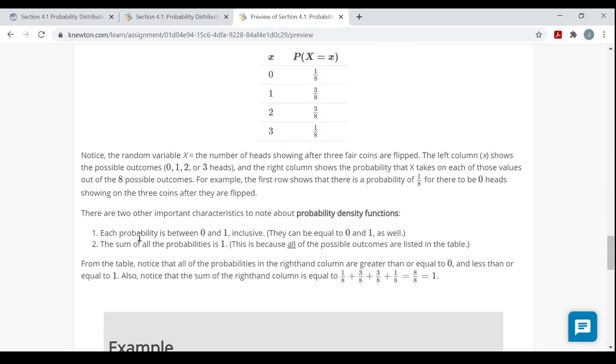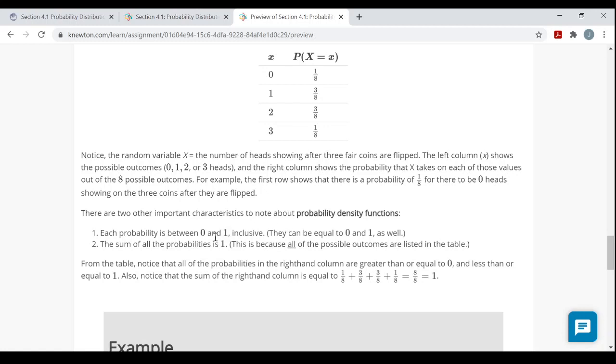All right. So there are 2 other important characteristics to note about probability density functions, and these are characteristics we've already pointed out in previous sections when it comes to probability, or even a relative frequency table. 1: Each probability is between 0 and 1 inclusive, meaning it can be 0, and it can be 1.